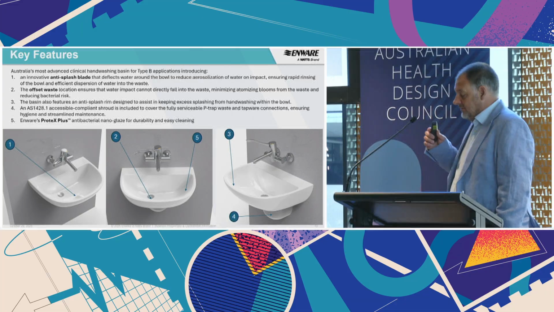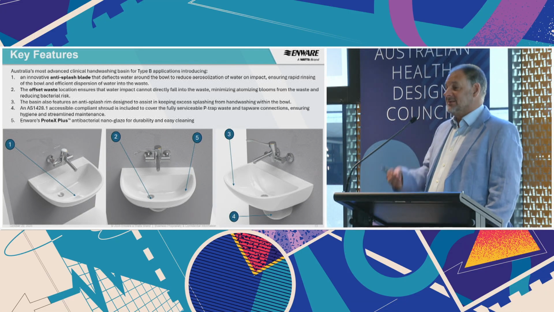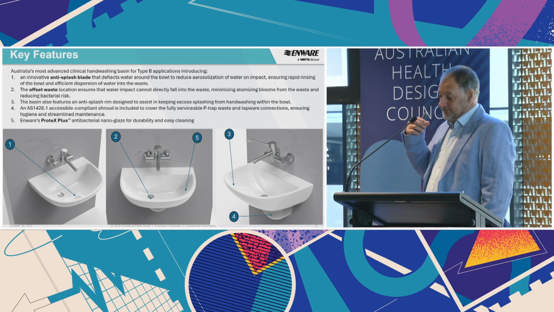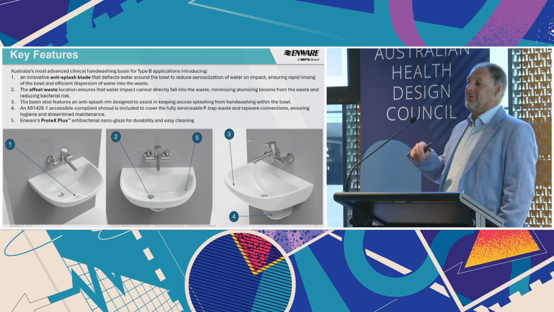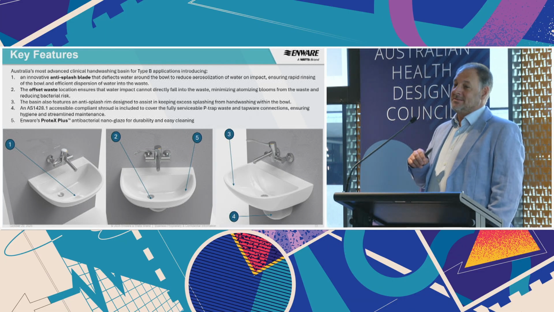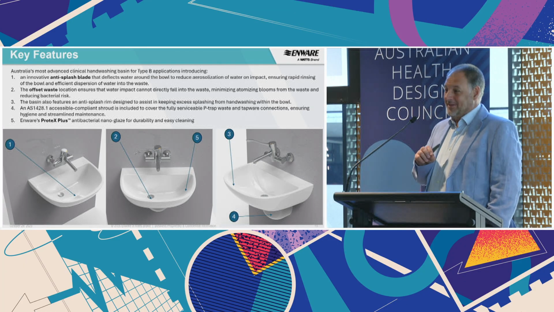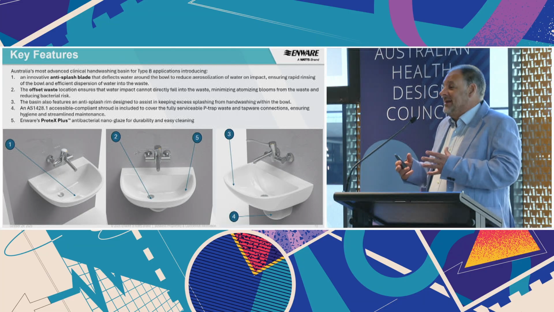Within this basin, it's got a couple of unique features in that it's got this anti-splash fin, and it's got an offset waste. Now that waste is not only offset, but we've removed the capability to put a plug inside that waste. Everywhere but the ACT, you don't need to have a plug, but it's the standard feature that's there.